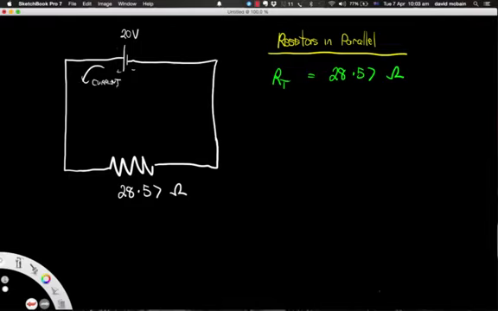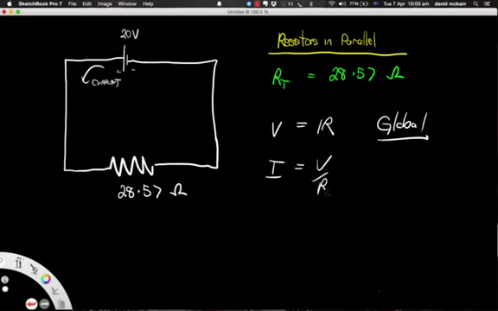Let's work it out. So we're going to use the global version of Ohm's law now. So V equals IR. We now want to work out the current coming out of the battery, so we're using the global version. So I equals V over R, and because we're using the global version, V is the voltage of the battery, which is 20 volts. R is the total resistance, which is 28.57.